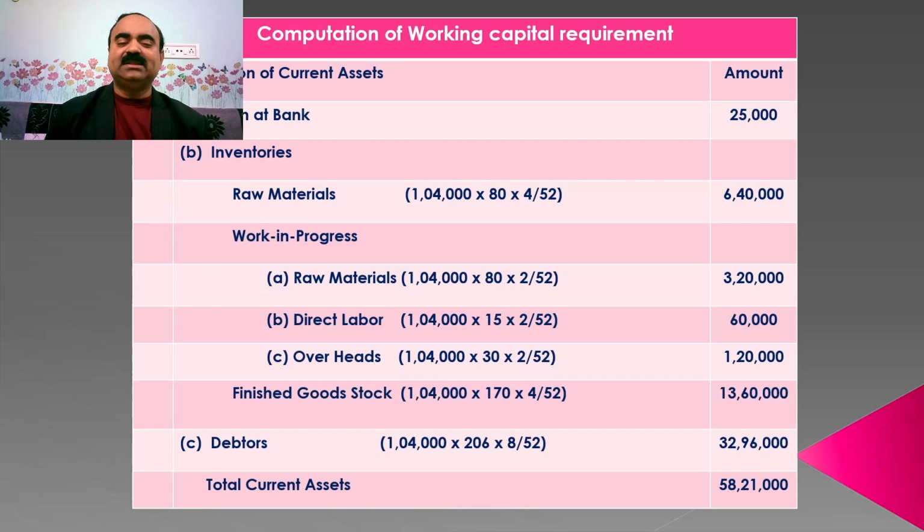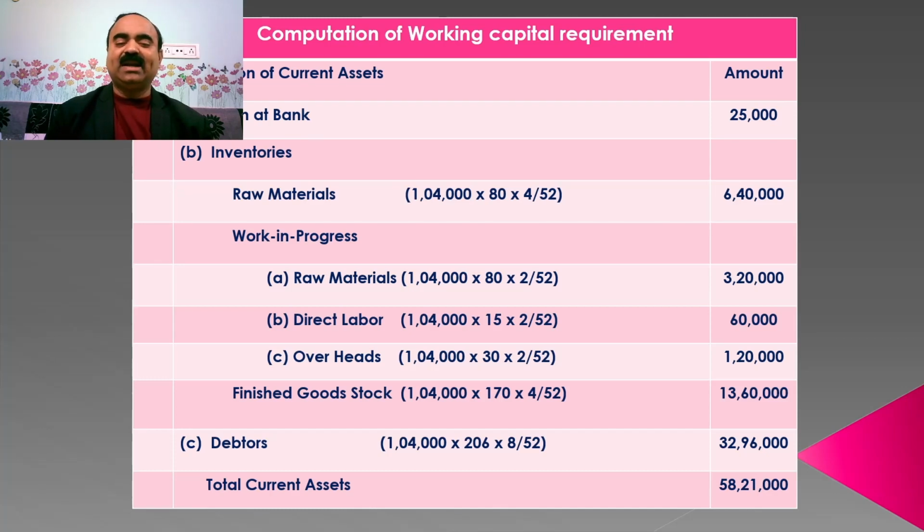Raw materials amount is calculated by multiplying 1,04,000 with per unit cost of raw material 80, and work in progress is expected to be available for 2 weeks. Hence, we multiplied 1,04,000 with 80 and 2 by 52, and finally we got the amount of 3,20,000.